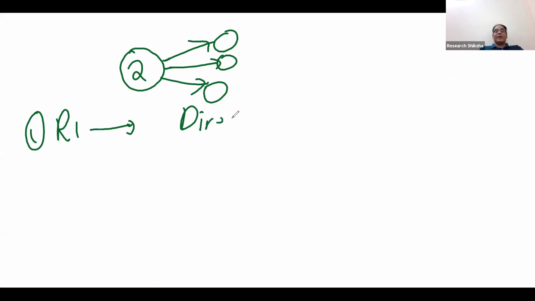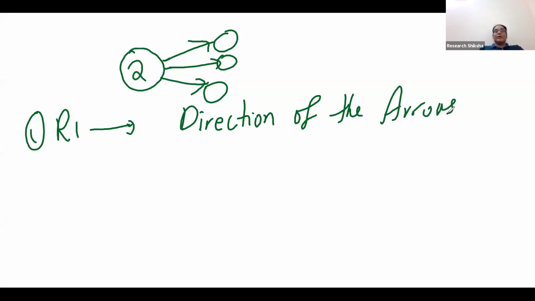Whenever you want to introduce a second order construct, rule number one is that the direction of the arrow should be like this. So you check the direction of the arrows. It is from second order to first order.